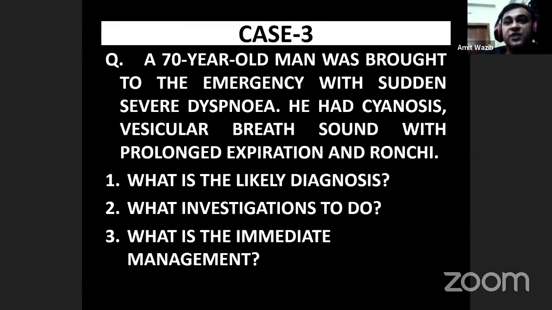So this man has an obstructive airway disease, and as this is an elderly person, the likely obstructive airway disease is COPD, not asthma. So this is a case of COPD, but the dyspnea is so severe that the patient had to come to the hospital emergency. So this is a case of acute exacerbation of COPD.